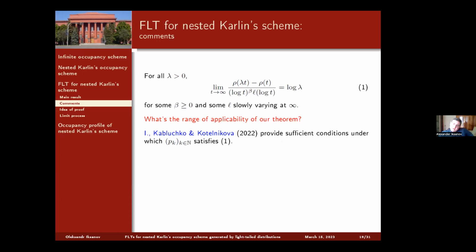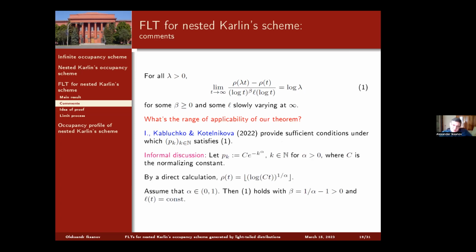On the one hand, these sufficient conditions are close to necessary, and on the other hand, these are too technical to be presented here. And in view of this, I prefer to discuss this point informally.